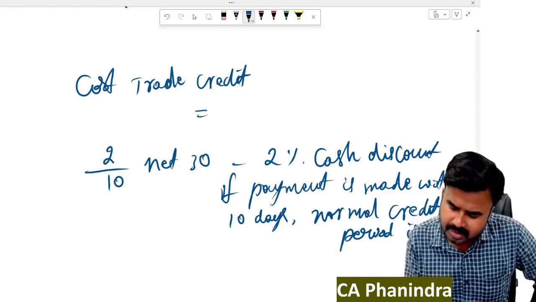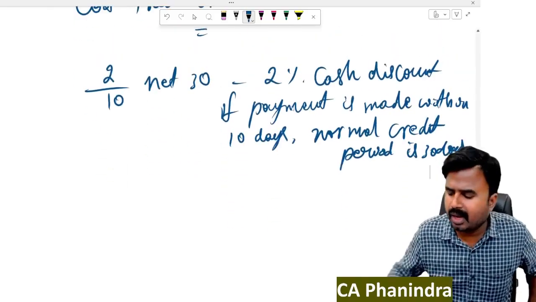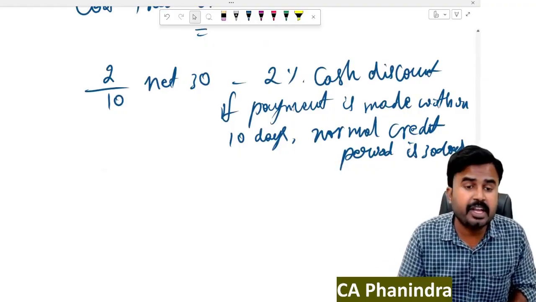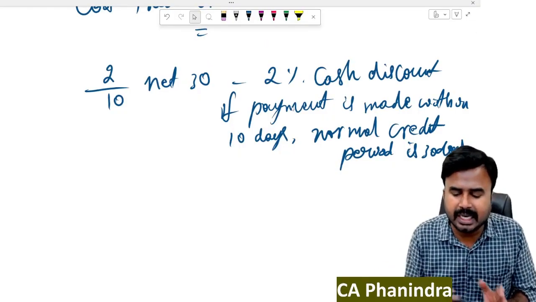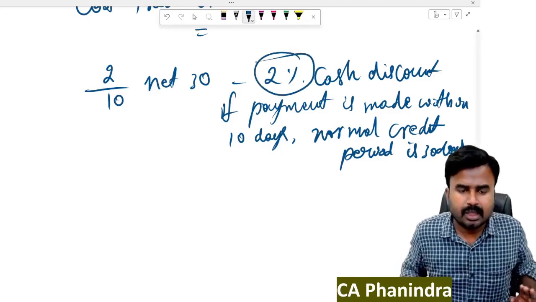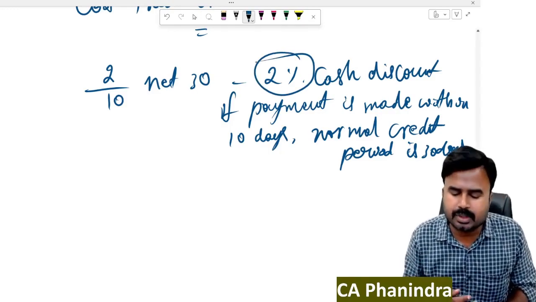So dear students, the supplier is allowing a 30 days credit period to all the customers for paying the dues. In case any of the customers is willing to pay within 10 days, the supplier is ready to offer 2% cash discount. That means instead of paying 100 rupees, you can pay 98 rupees only.